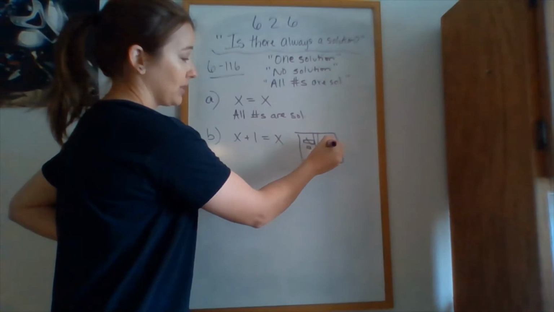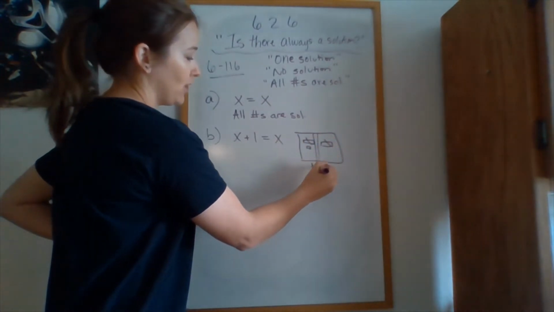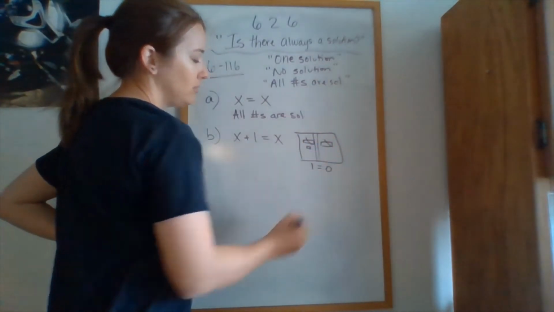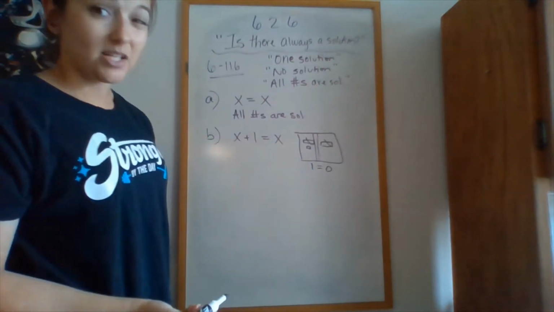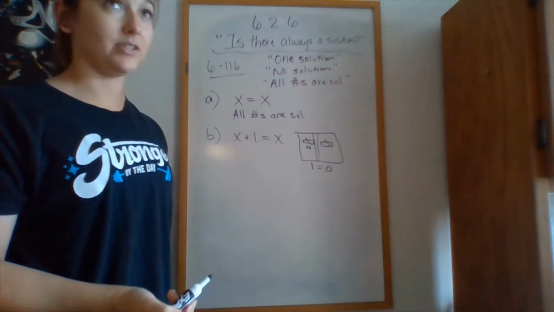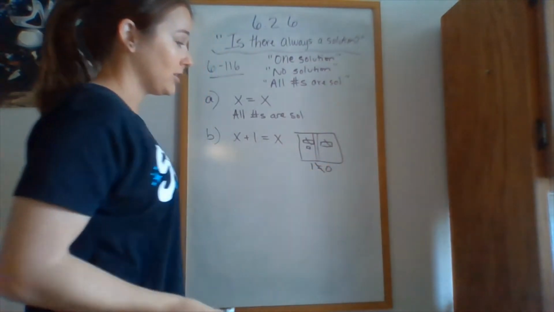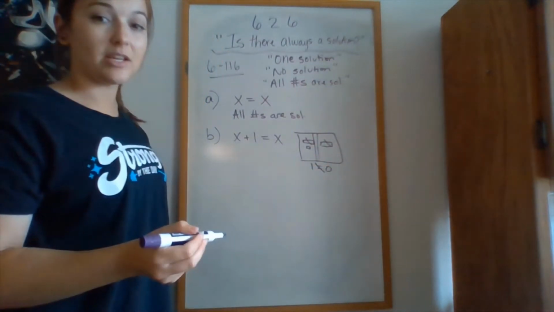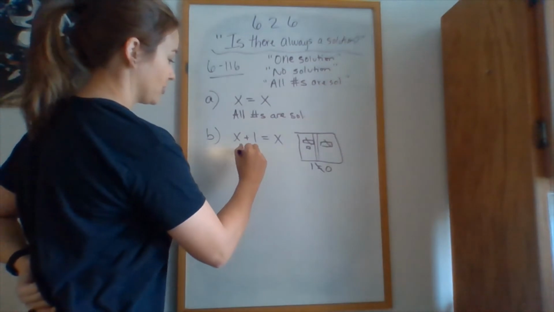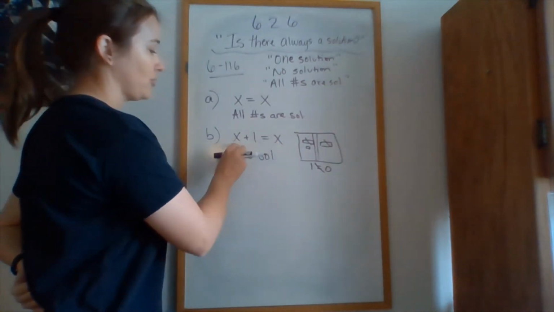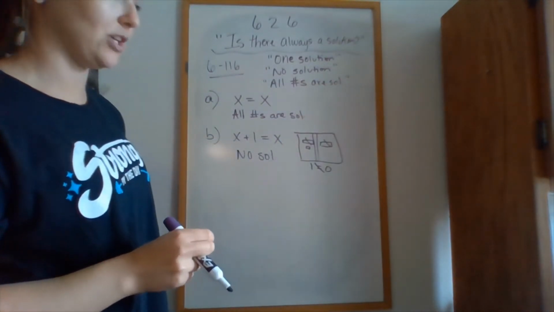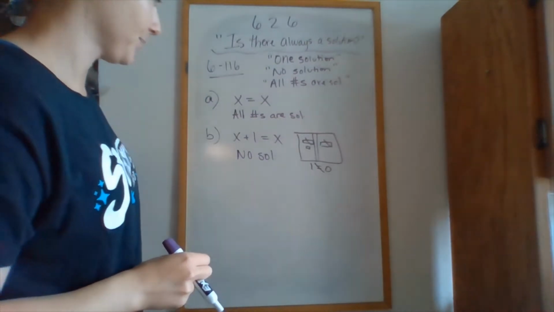I can match them up and get rid of them. And then I'm left with 1 equals 0. That doesn't make sense to me because the number 1 does not equal the number 0. So that means there is no solution. 0 cannot equal 1, so there is no solution here. No number you plug in for x will make that equation true.